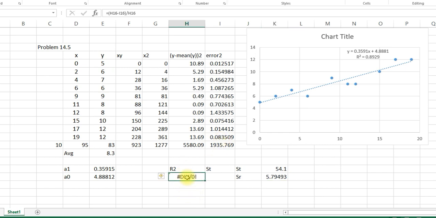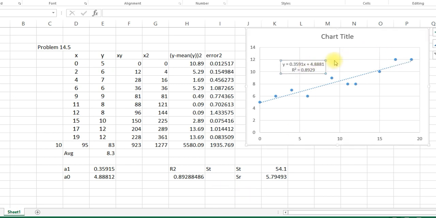Then r square, if this is r square, then ST minus SR divided by ST, and we got 0.8, same as Excel here.